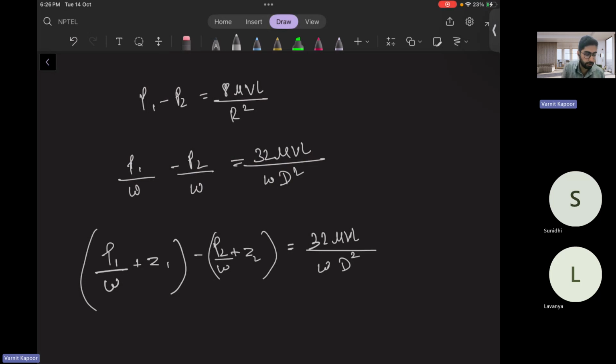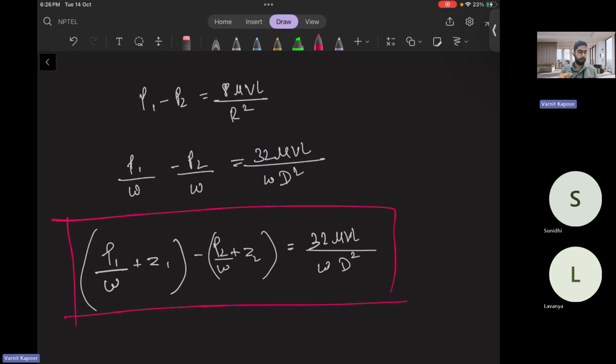Very important relation you might have observed. For the inclined pipe, you have to replace the horizontal case by including Z. This piezometric head difference is equal to your head loss.